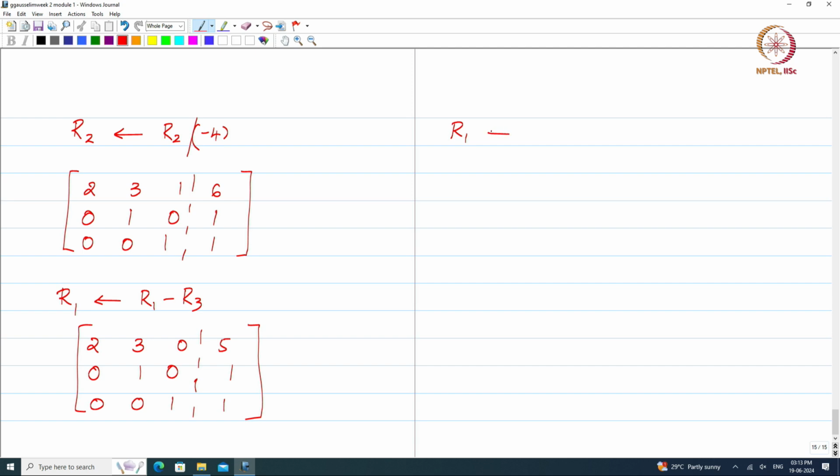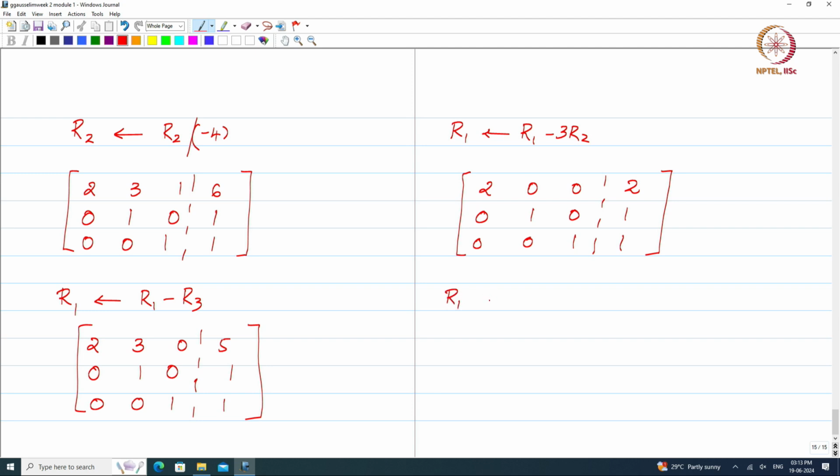One more operation, scaling R2 by 3 and subtracting from R1: 2 0 0 2, 0 1 0 1, 0 0 1 1.